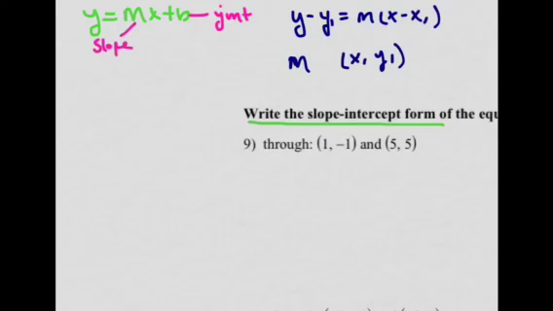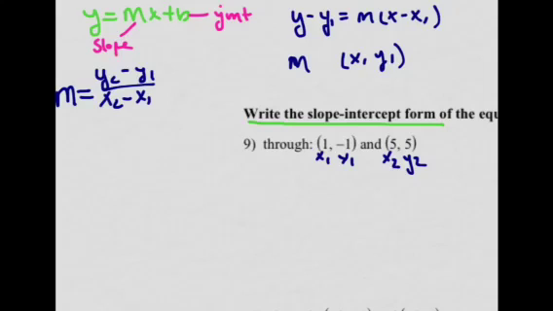Well, we have our points. If we label these x1, y1, x2, y2, we have our x1, y1, and we can calculate our slope just like we did before, using the slope formula, y2 minus y1 over x2 minus x1. y2 is 5 minus y1.